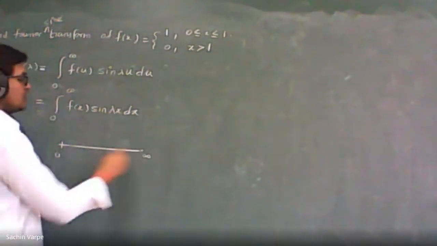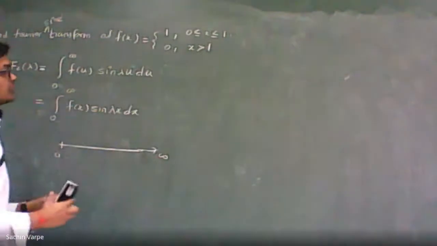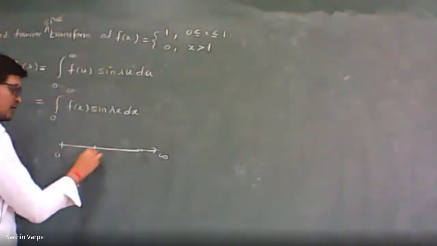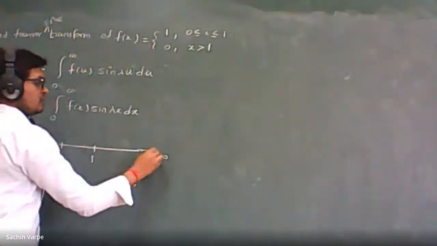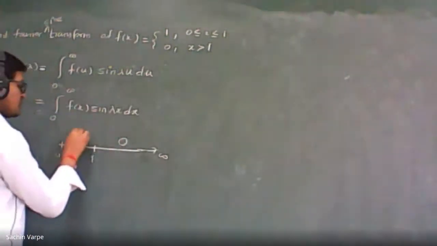In 0 to infinity, the function is defined as 1 in 0 to 1, and in x greater than 1, that is 1 to infinity, the function value is 0. Very easy.